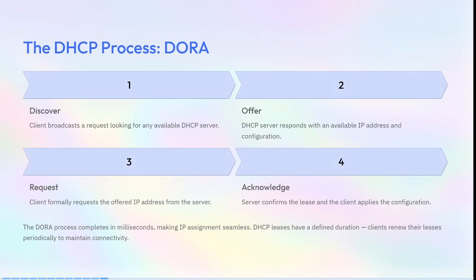What is the process of DHCP? DORA: discover, offer, request, acknowledge. For discover, the client broadcasts a request looking for any available DHCP server. First what will happen? The client is requesting, hey, is any DHCP server available near me?